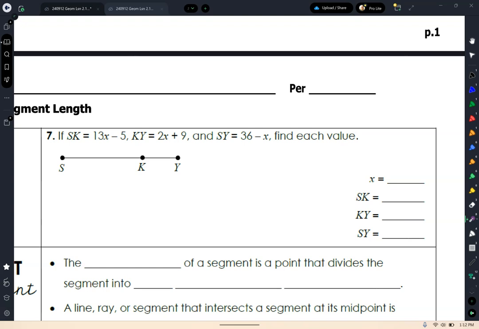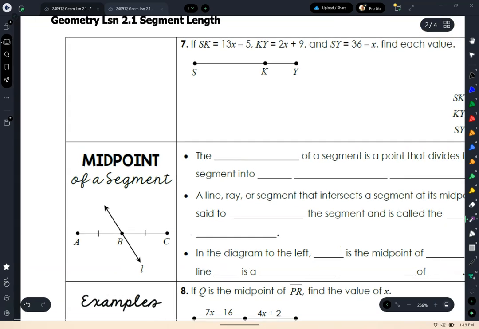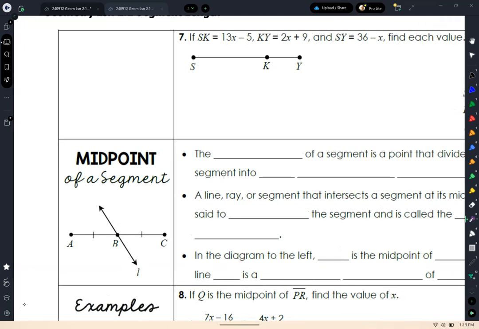Hold on one second. Speaking of that, we're going to talk about a new tool right now. All right, here we go. Right above here, I want you to write definition of, and then we're going to box in that right there.